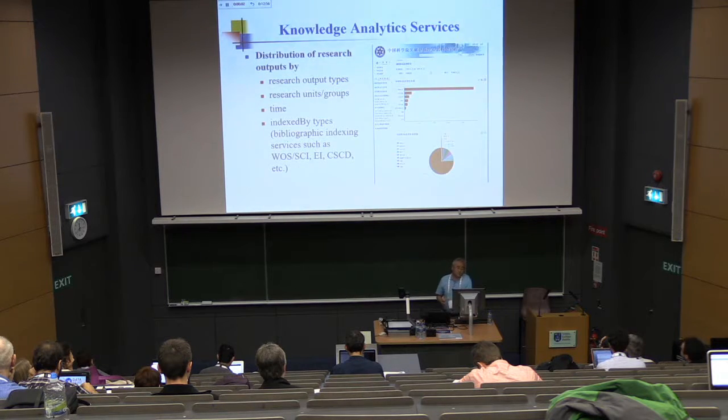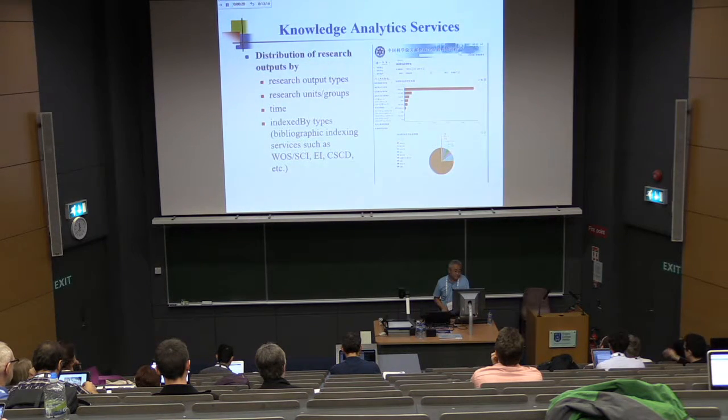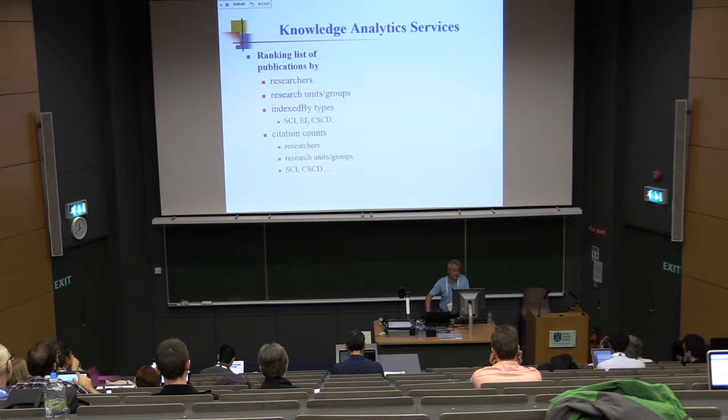The first category of knowledge analysis service is the distribution of research output by research output types, research units, groups, by time, and by indexed-by types. Indexed by may refer to articles indexed by SCI, EI, CSCD, or other bibliographic indexing services.